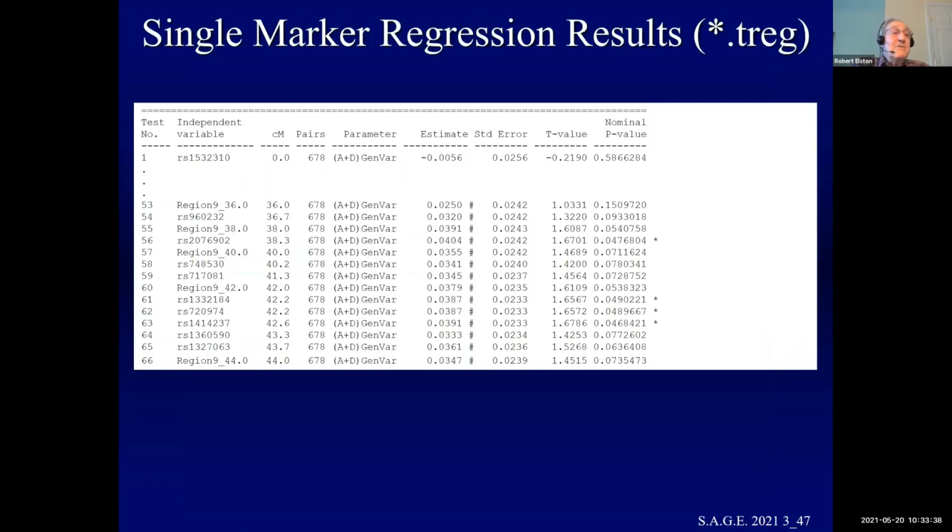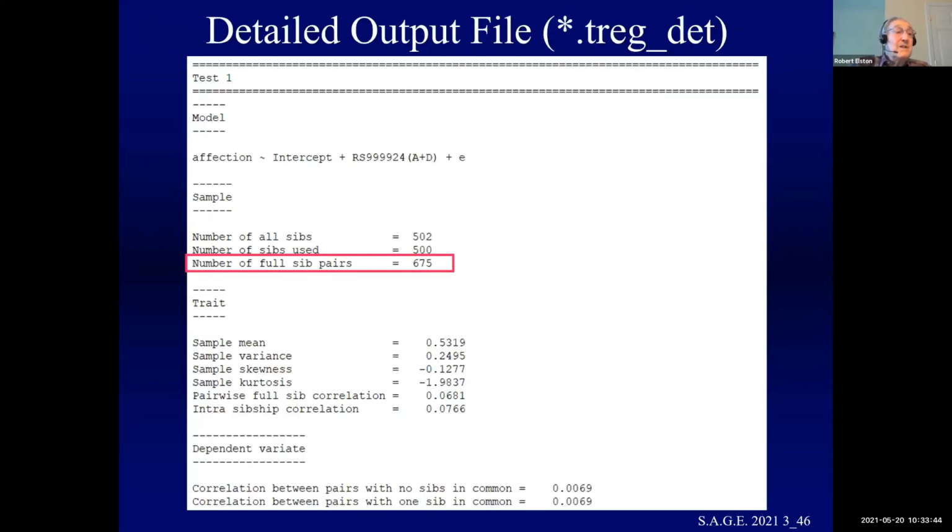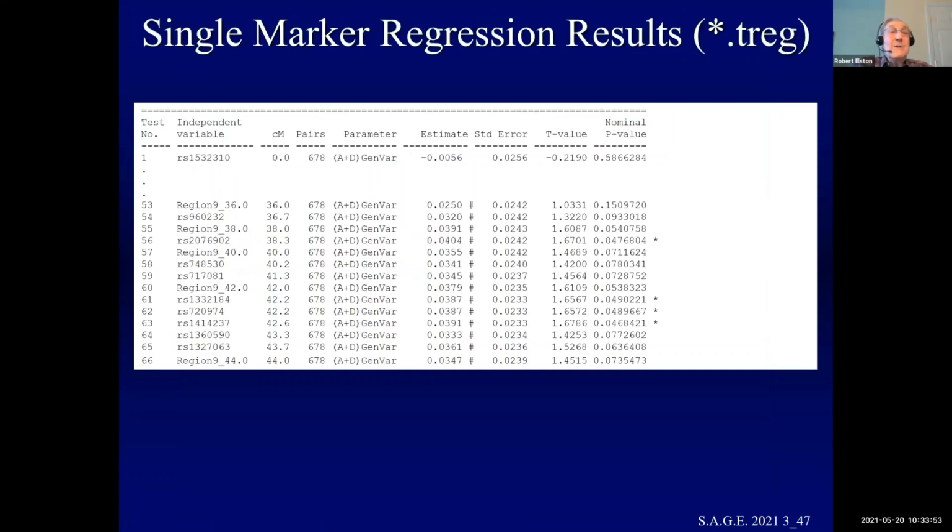Then you've got some information about the trait underneath it, and it tells you what the dependent variable is. That's general information for the trait that you're looking at.